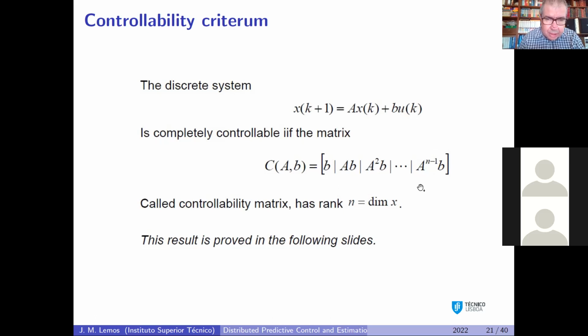This will be a square matrix, but this is valid for multivariable systems as well. I call it, in any case, the controllability matrix. And for the system to be controllable, the rank of the matrix must be n, equal to the dimension of x. Okay?